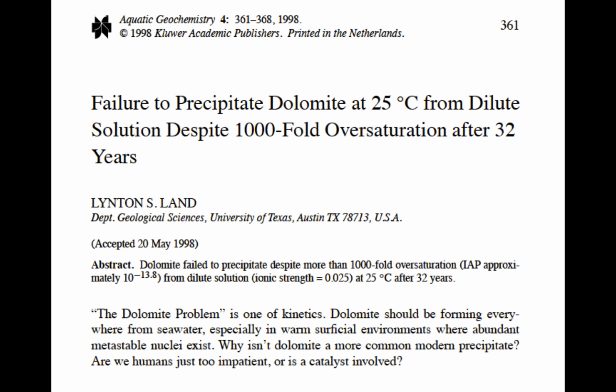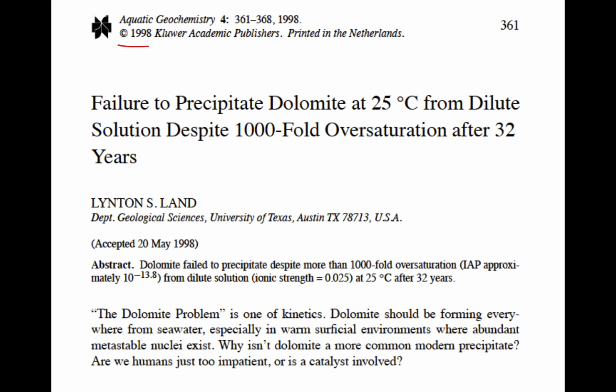So here's a good illustration of this. This is a paper from 1998, and you're looking just at the title and the abstract. The title is Failure to Precipitate Dolomite at 25 degrees C, that's surface temperature, from dilute solution despite 1,000-fold oversaturation over 32 years.